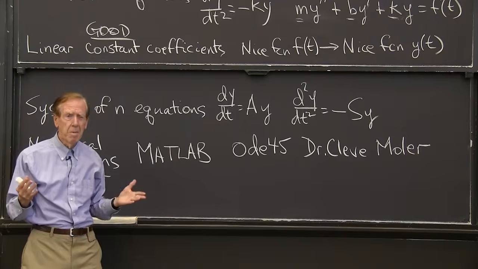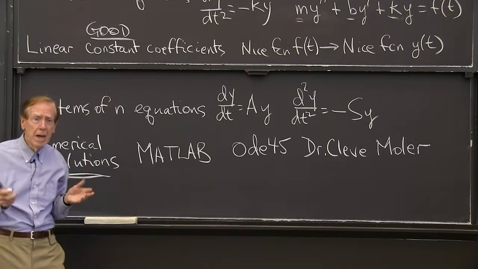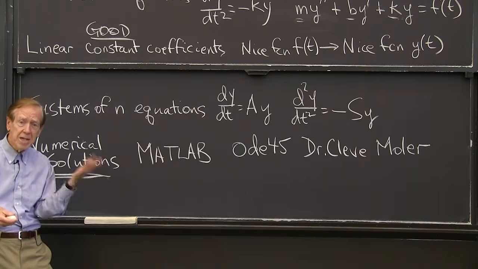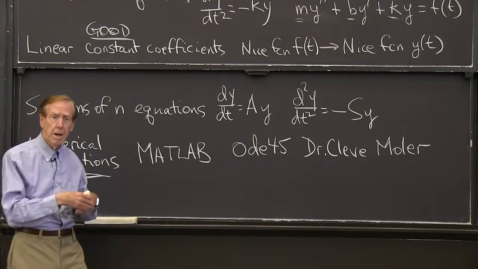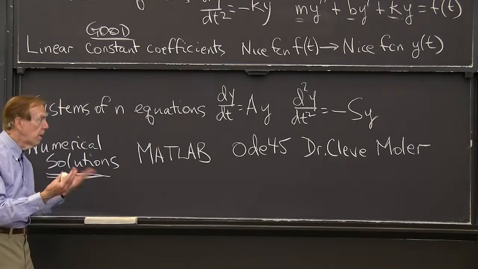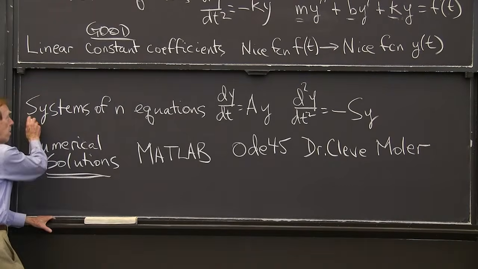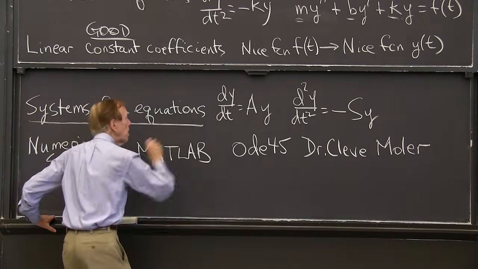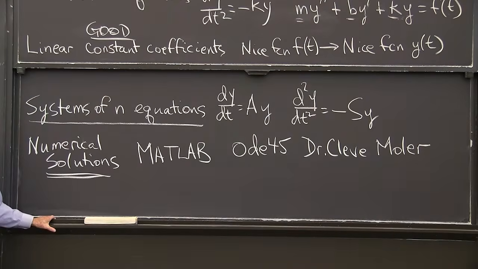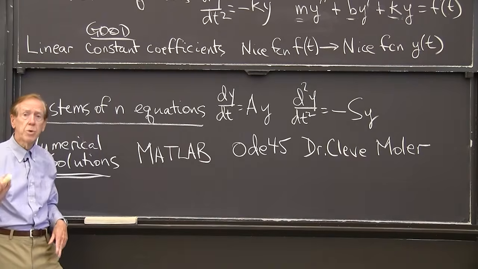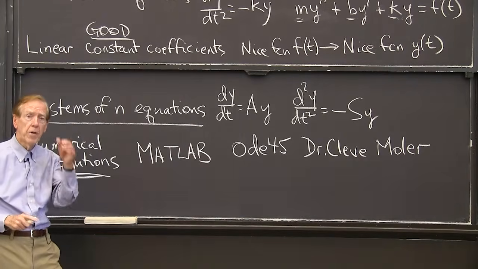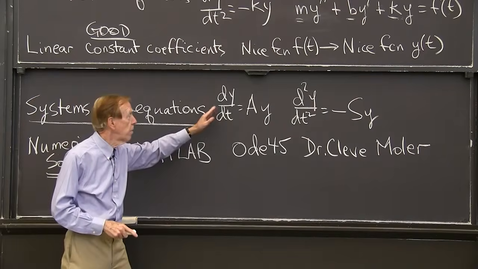because a system doesn't usually consist of just a single resistor, a single spring. In reality, we have many equations, and we need to deal with those. So y is now a vector, y1, y2 to yn, n different unknowns, n different equations.